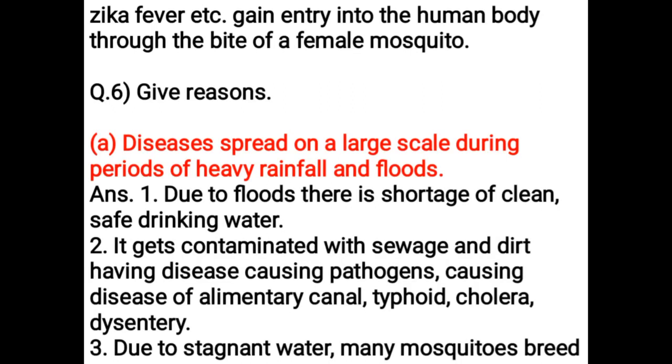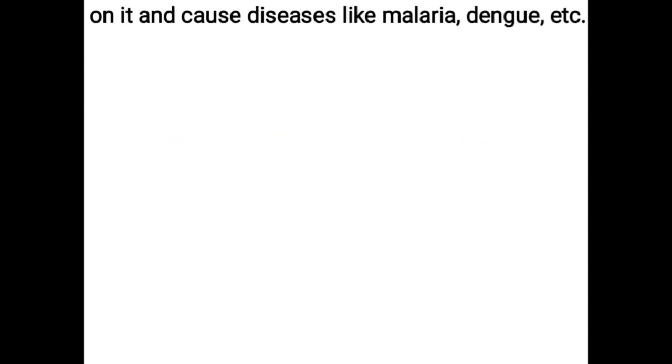Due to floods, there is shortage of clean, safe drinking water. It gets contaminated with sewage and dirt having disease causing pathogens, causing disease of alimentary canal, typhoid, cholera, dysentery. Due to stagnant water, many mosquitoes breed on it and cause diseases like malaria, dengue, etc.